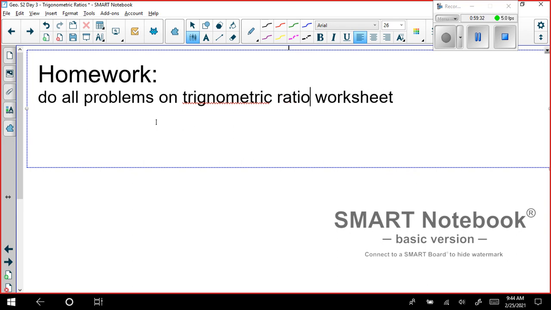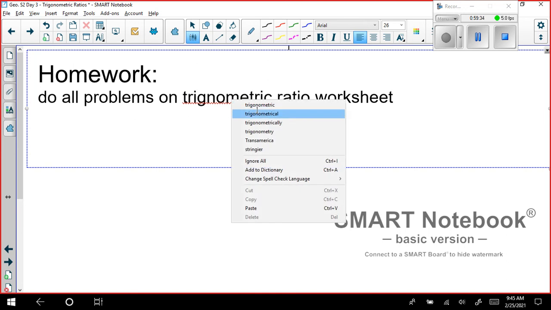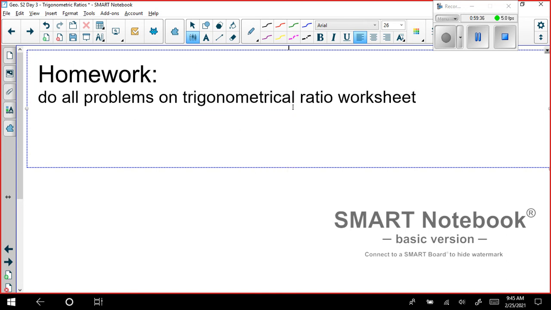You have the rest of the class time to work asynchronously. If you have any questions, you may just raise your hand and I'll help you. Do all problems on the trigonometric ratio worksheet and debrief, Debrief 2A.